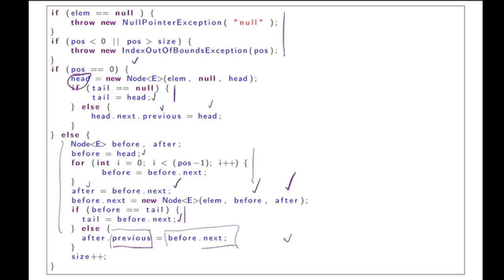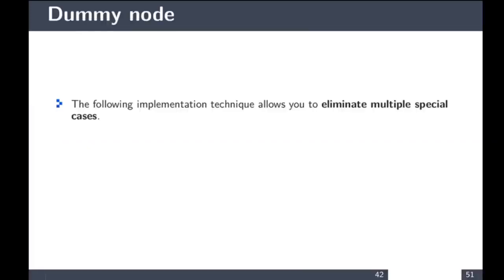Okay, so as you can see, working with a doubly linked implementation of a list, having a head and a tail pointer is somewhat complicated. So we will now look at another implementation, our last implementation of the list. And this one, its goal is not to accelerate the execution of the methods.